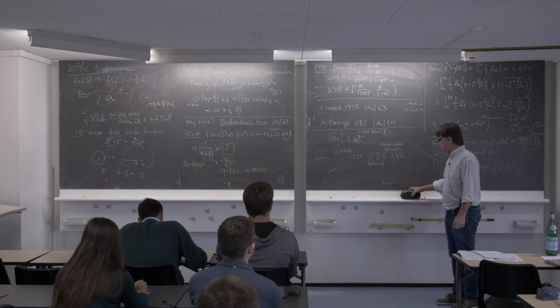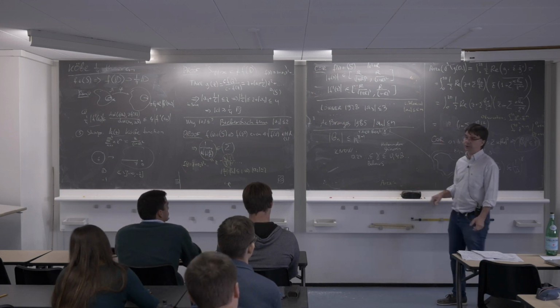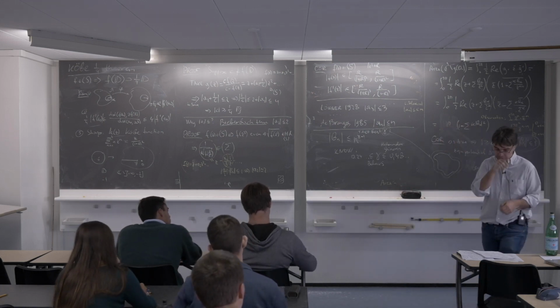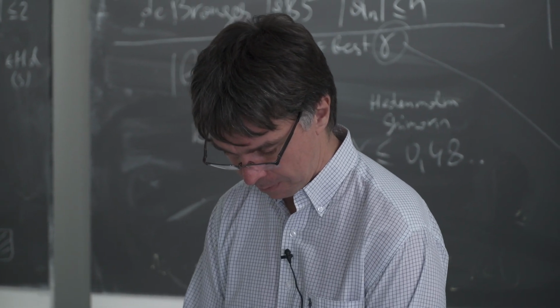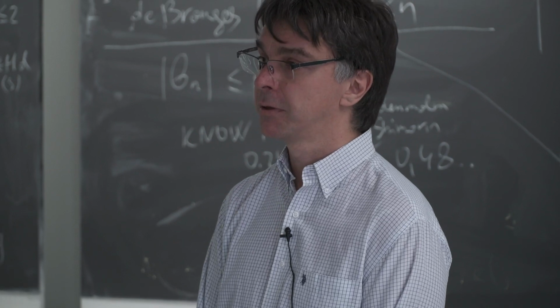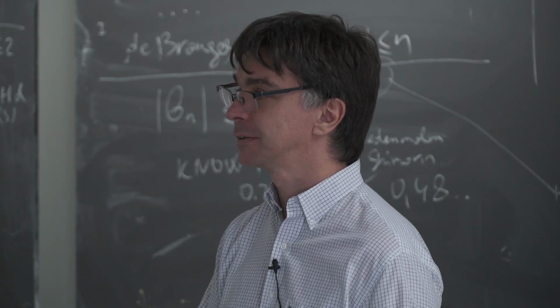Okay, so next time we'll do some harmonic measure, some potential theory, and explain how it relates to physics, and then we'll start doing some background in probability, I think. Am I going too fast?